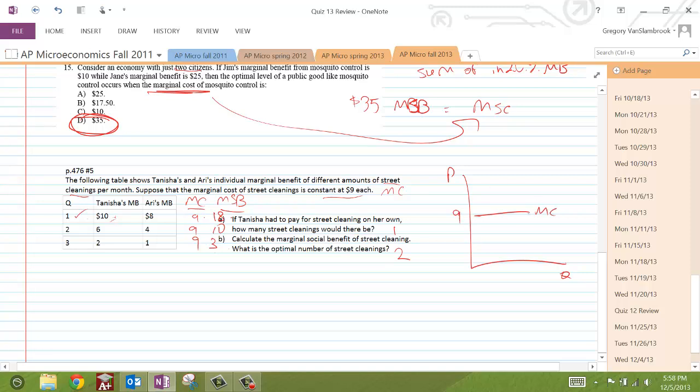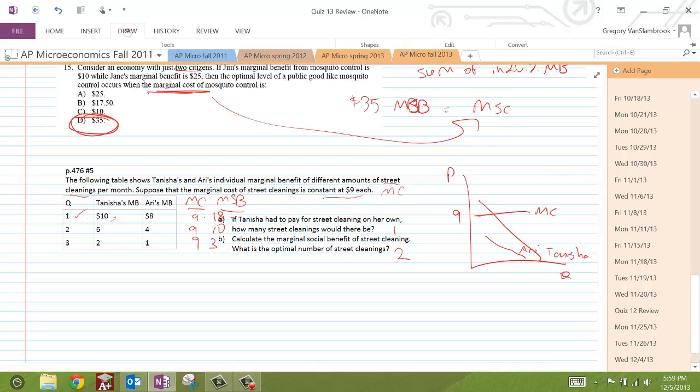If we had to graph this, we would simply put price, quantity, marginal cost equal at $9. The individual benefits would look like this. Tanisha's would go like that. And Ari's starts lower, 8, 4, and 1. Ari's is lower all the way through. So if Ari had to pay for street cleanings on his own, by the way, he would buy 0 street cleanings.